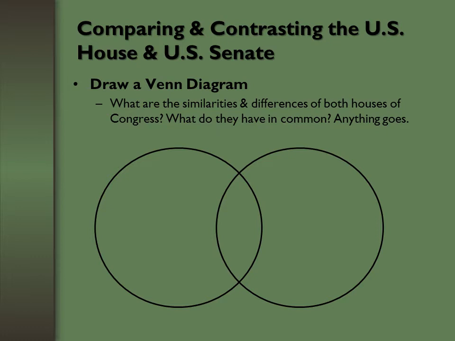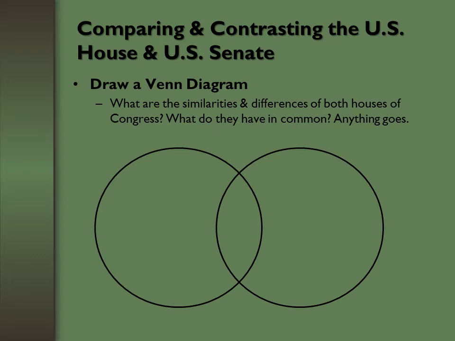Okay, first what I want us to do is to compare and contrast both the U.S. House and the U.S. Senate. And to begin, before we dive into the formal lecture, I want you folks to draw a Venn diagram on your notes.